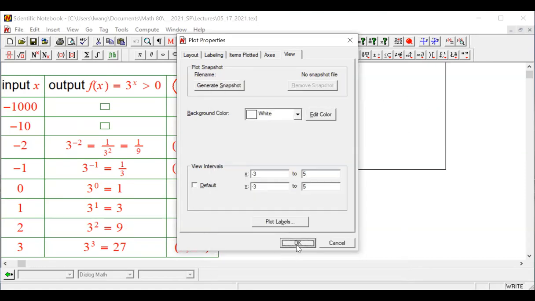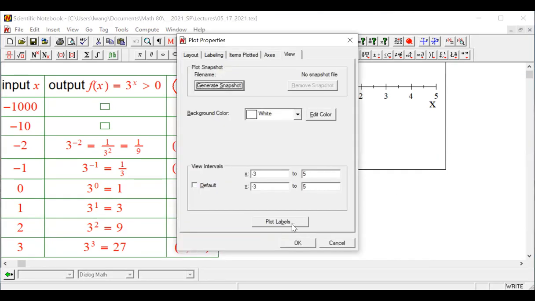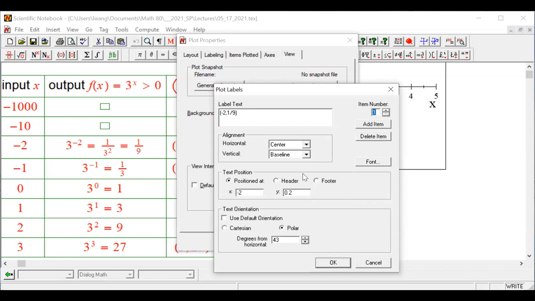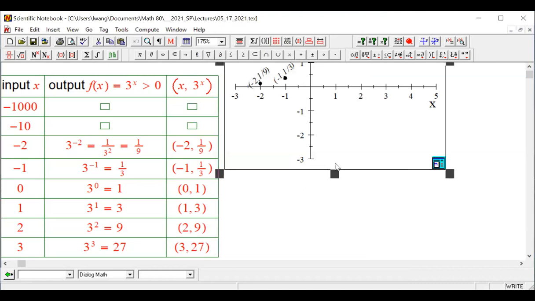There. Is that better? Okay, it's not too bad, huh? Maybe 3. Okay, that's better.